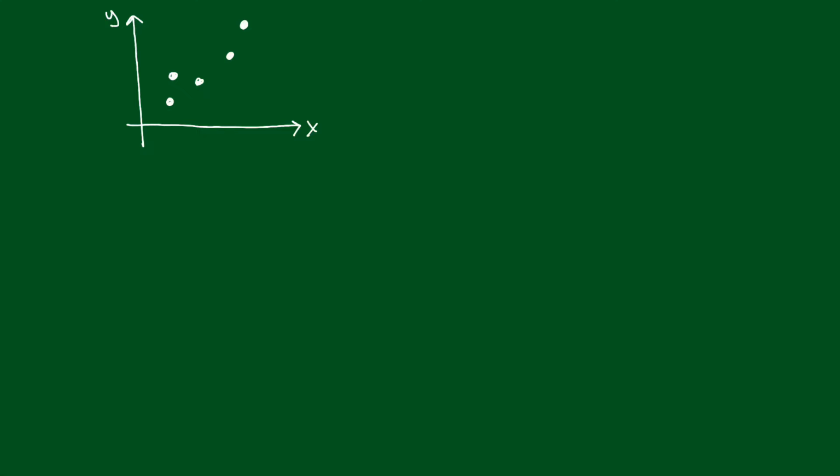What I would like to do is determine how to put a straight line in here so it's as close to every one of these points as I can get it. For example, if I put this straight line in here, it might go through a couple of those points, but then it would be off by quite a bit for these other points.